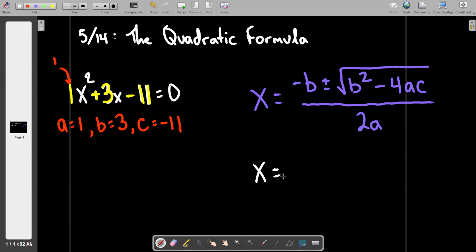So don't always think that what you put there is going to be a negative, because if b's already a negative, then you're going to switch it back. In this case, we are going to take the opposite of positive 3. So we begin with a negative 3, and then a plus or minus sign. And then I like to make a big, long square root sign. I like to make sure I have plenty of room to do a little bit of math.